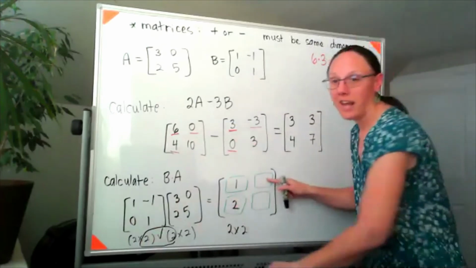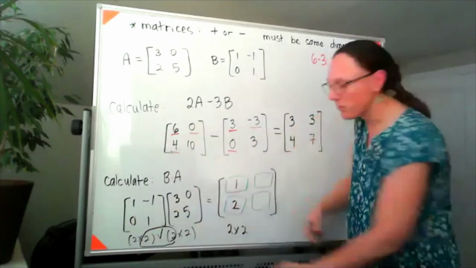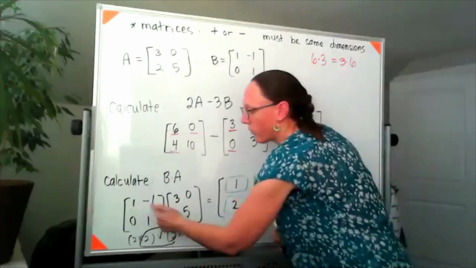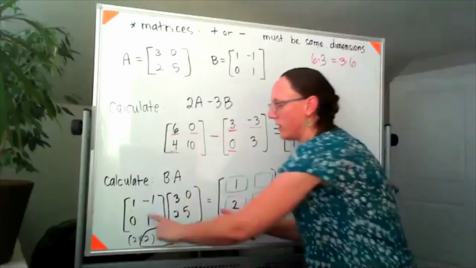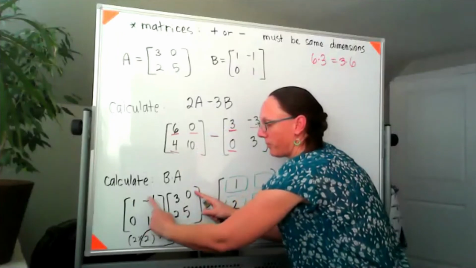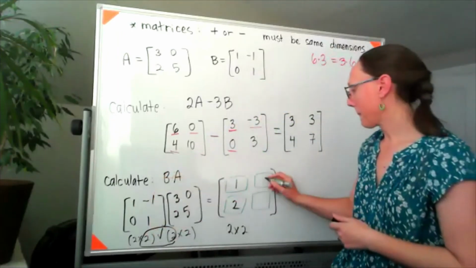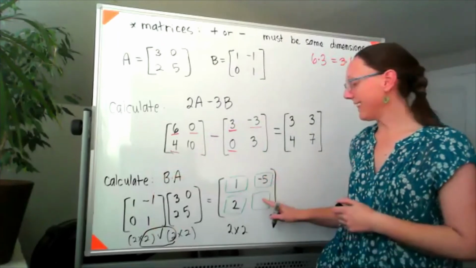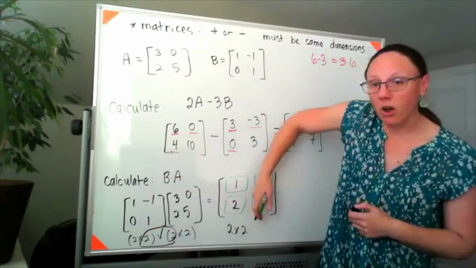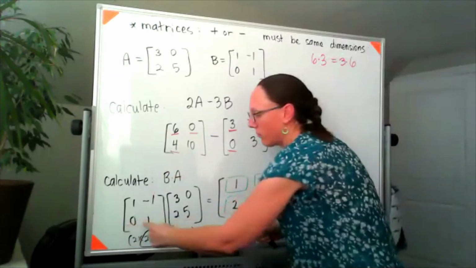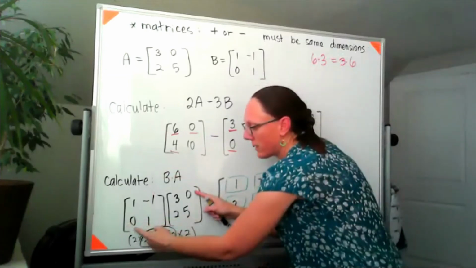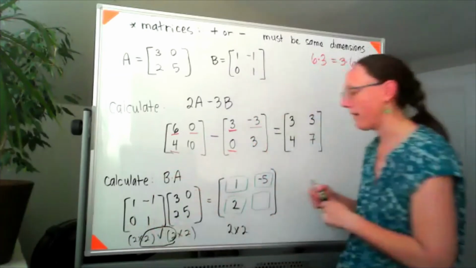This entry, I'm in row 1, column 2. So I need row 1 times column 2. I'll have 1 times 0 plus 5 times -1. Last, I've got row 2, column 2. 0 times 0 plus 1 times 5.